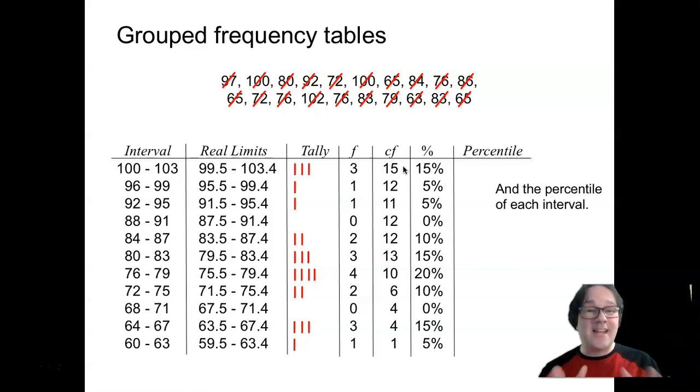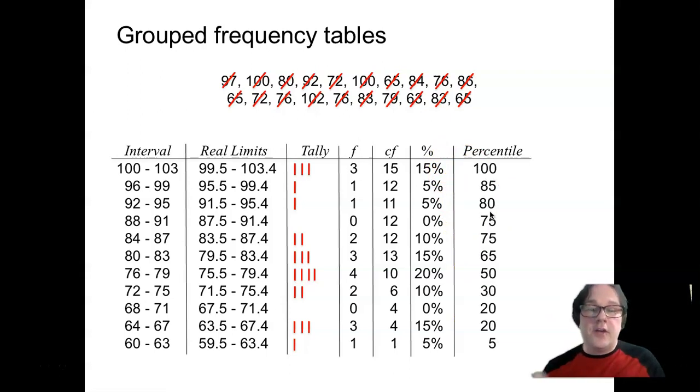So we're going to do exactly what we just did in order to calculate cumulative frequencies. Remember, to calculate cumulative frequencies, we just added those frequencies as we went up. To calculate percentiles, all we're going to do is add the percentages up, right? So percentiles are cumulative percentages, essentially.